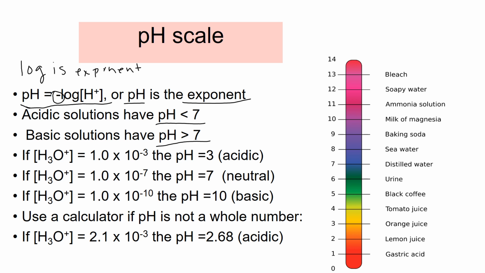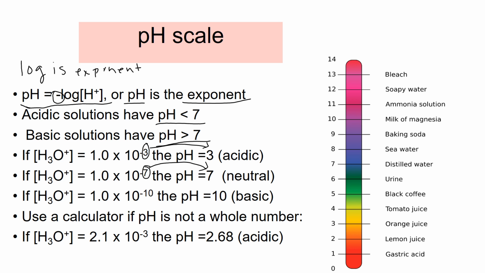So let's look at an example. If the concentration of H3O plus is 1.0 times 10 to the minus 3, okay, the pH is 3. It's the exponent. If your H plus is 10 to the minus 7th, the pH is 7. The pH is the exponent.